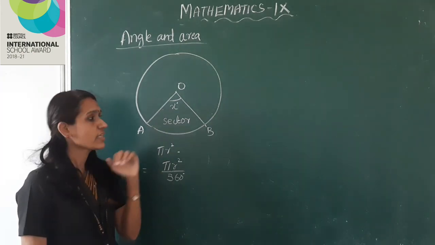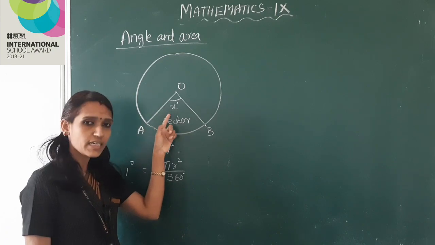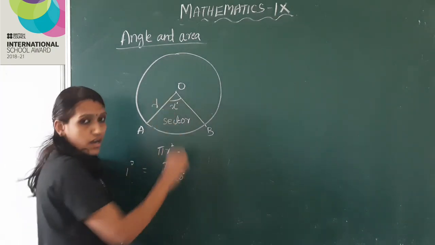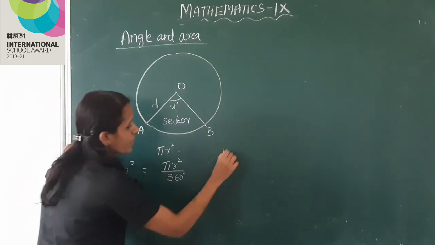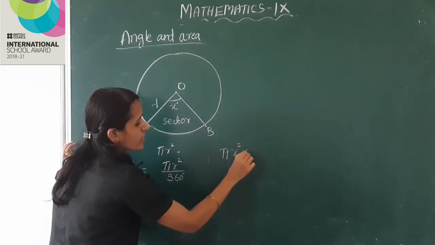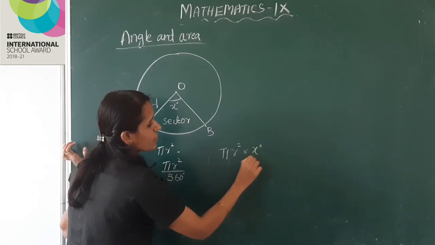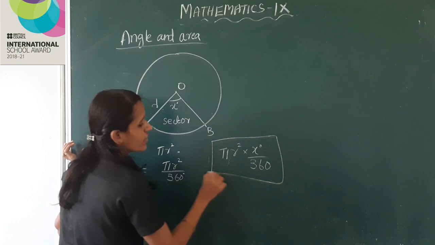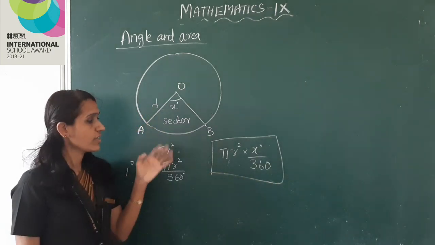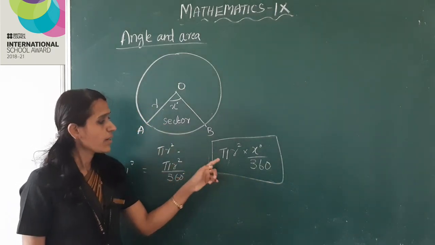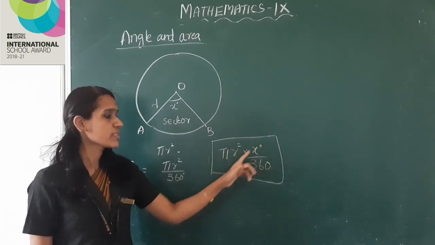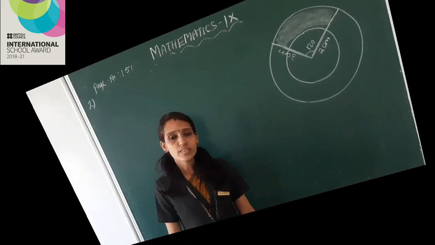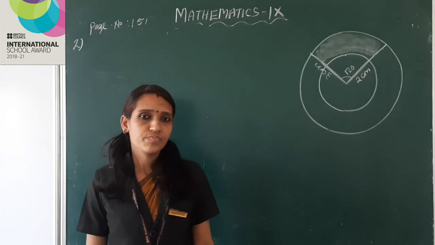So the area of the sector of central angle x degree in a circle of radius r is pi r square into x degree by 360. Clear? Using this we can do some problems.